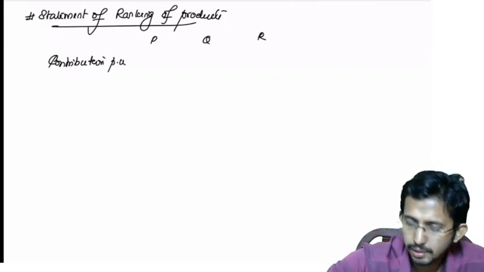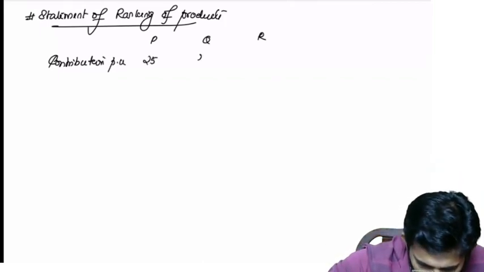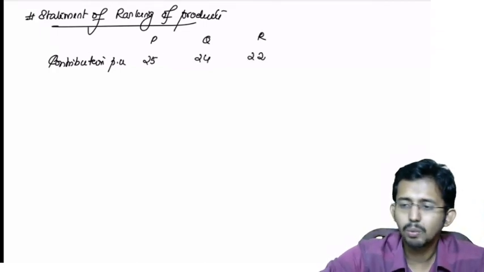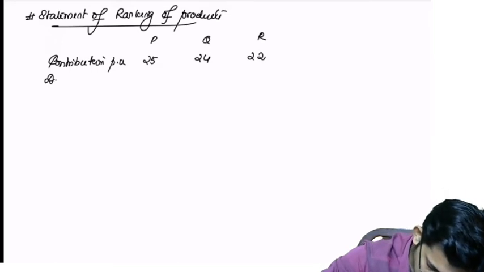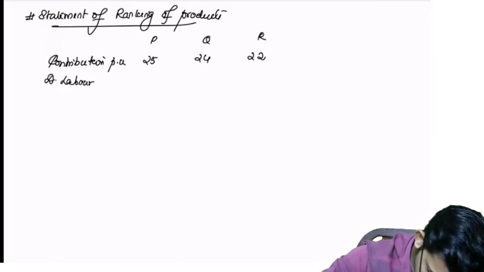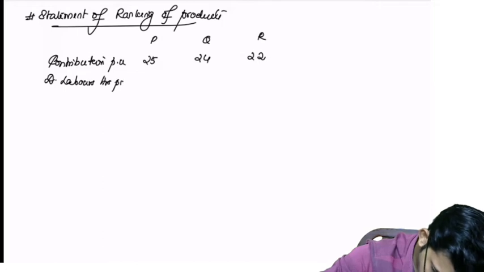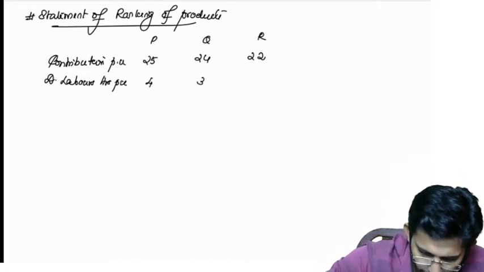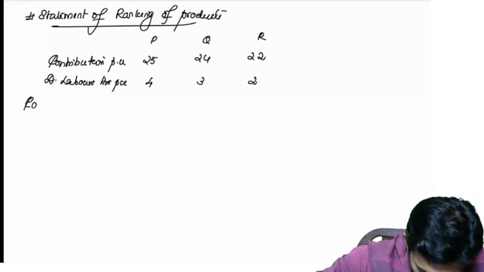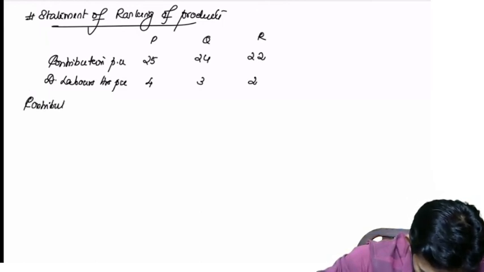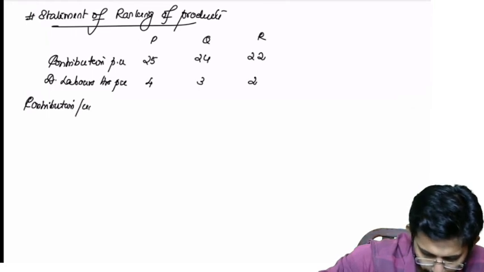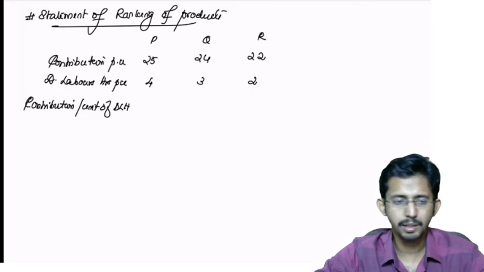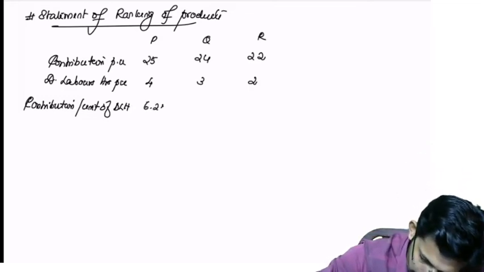Contribution per unit is 25, 24 and 22. Then what? Direct labor hours per unit. Direct labor hours per unit 4, 3, 2. 25 divided by 4 is 6.25.